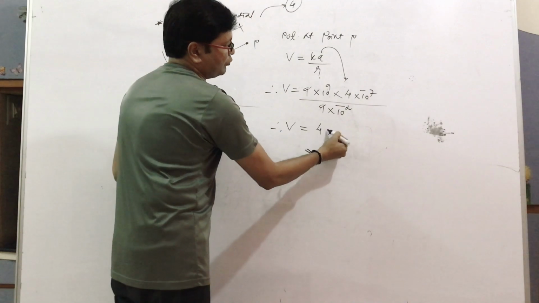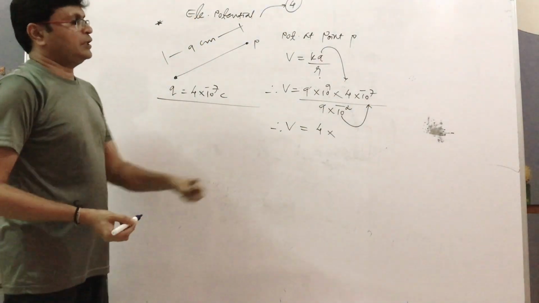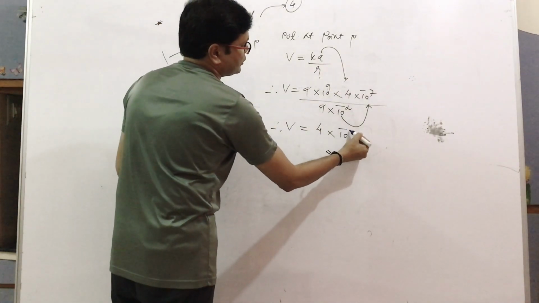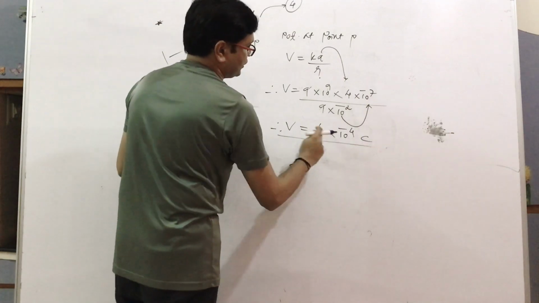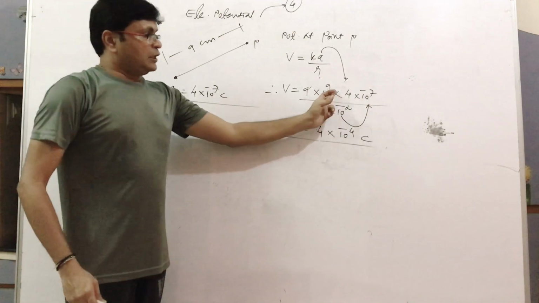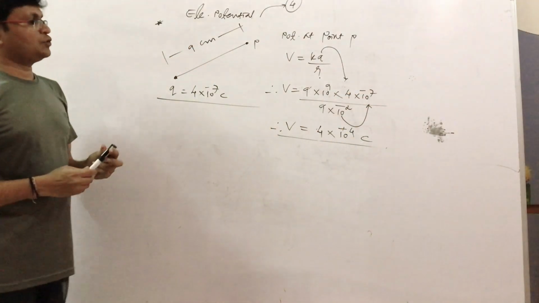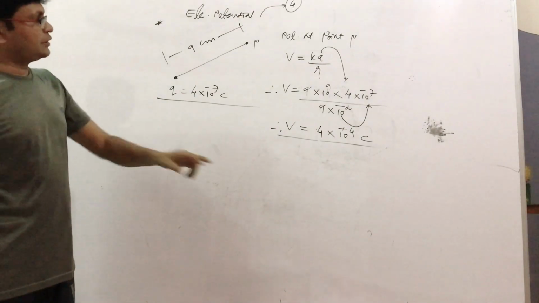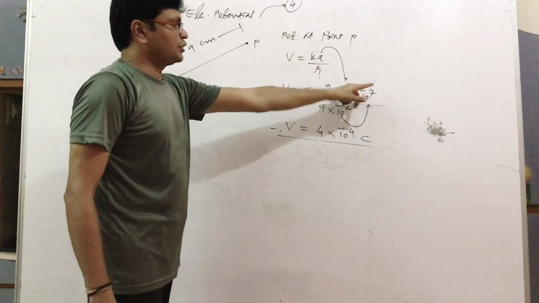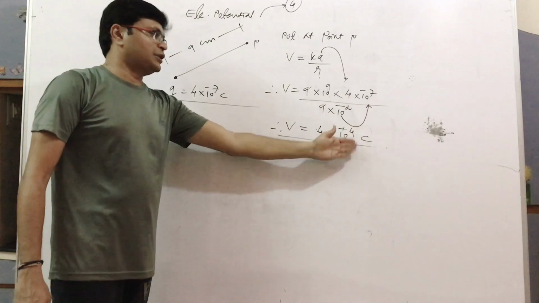It is 4 into 10 raised to minus 7 plus 9 minus minus 2, that means 4 into 10 raised to 4. Just check it. K is equal to 9 into 10 raised to 9, the charge given is 4 into 10 raised to minus 7, and 9 centimeter away, so 9 into 10 raised to minus 2.